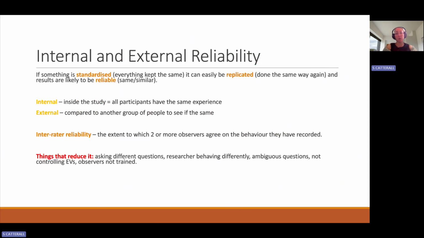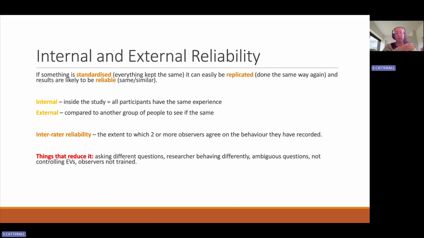So things that reduce reliability are asking different questions. So like a questionnaire is more reliable than an interview, but then a structured interview is more reliable than an unstructured one. So the most unreliable of those is an unstructured interview, whereas a structured interview is more reliable but less so than an actual questionnaire.